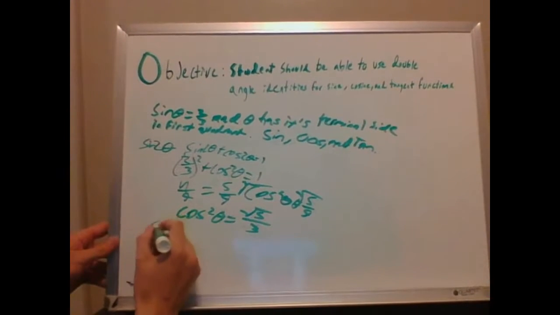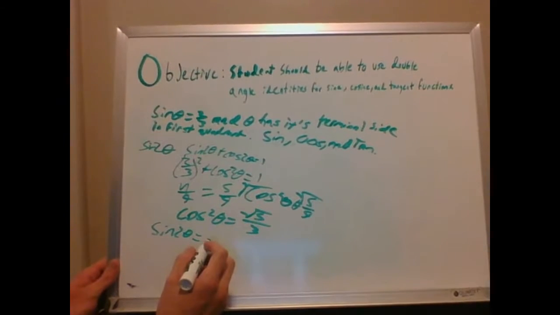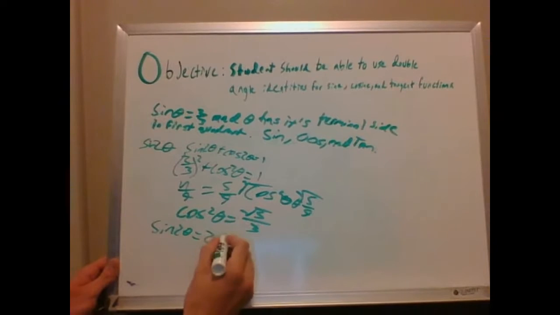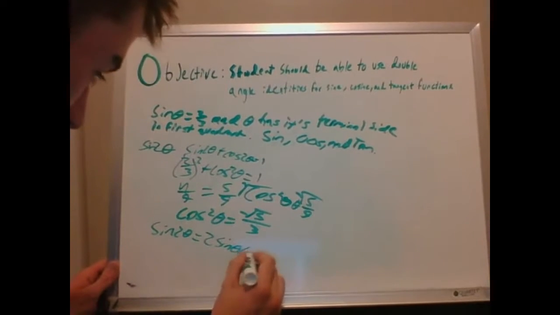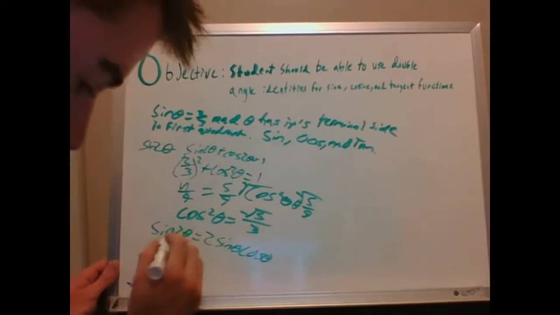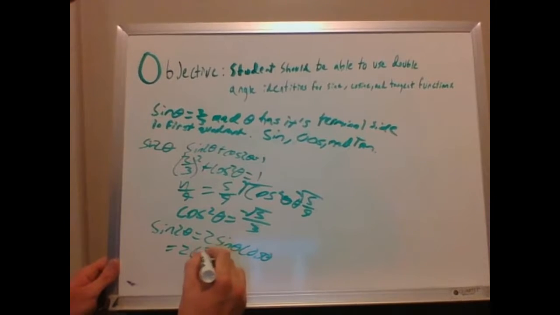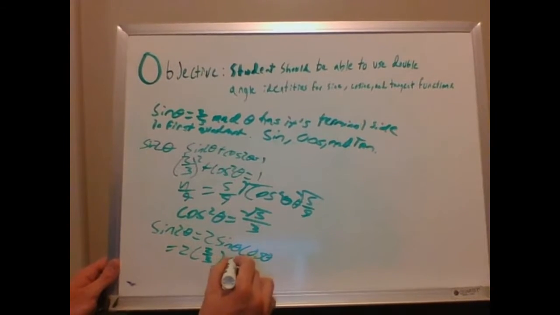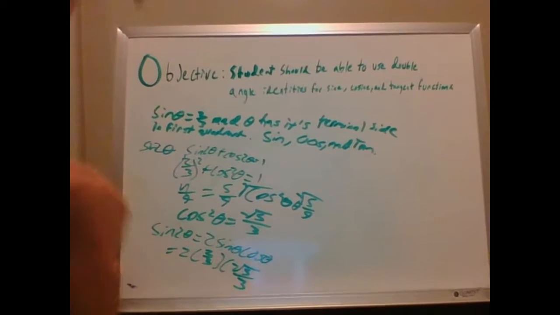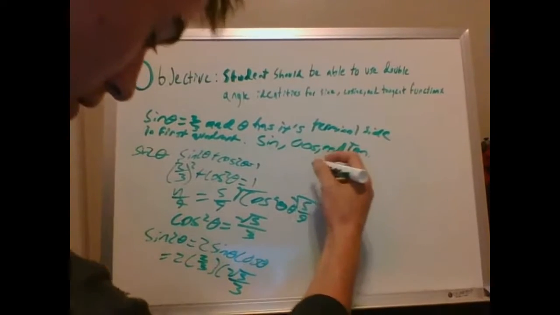And sine 2 theta equals 2 sine theta cosine theta. So that will leave us with 2 times 2/3 times square root 5 over 3. So let me move up here, sorry.